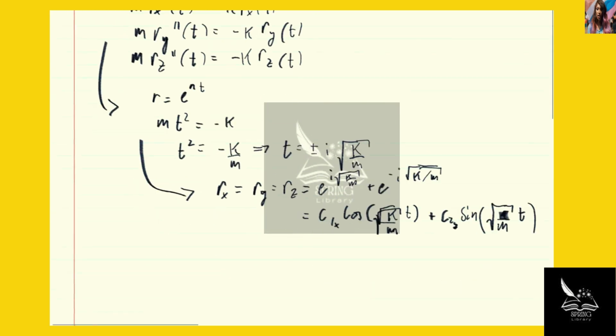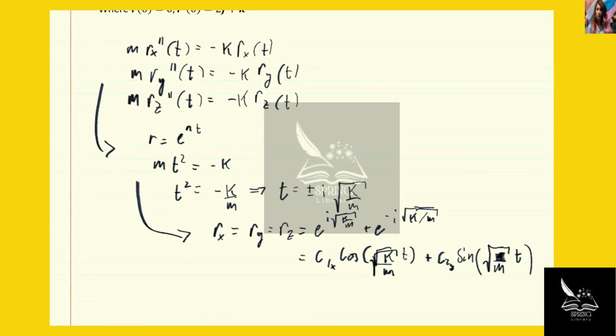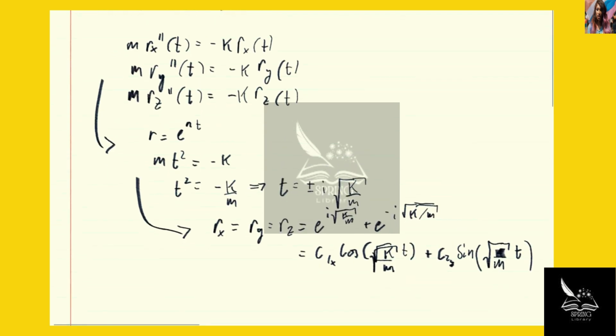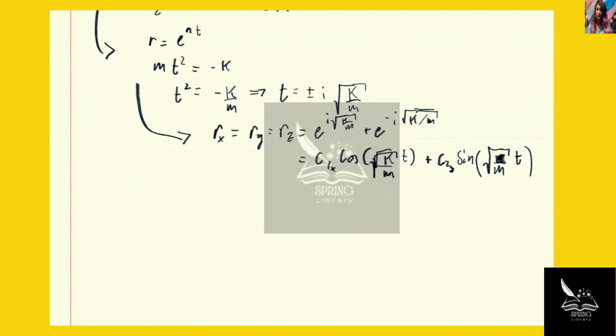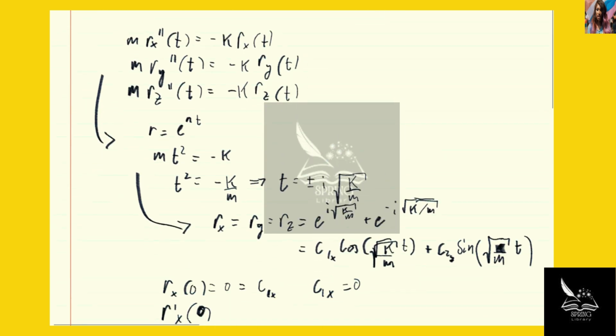So now that we have that, we want to actually solve for the given conditions. So we'd have that rx of 0 needs to equal 0, and that is going to equal c1 times cos of 0, so that is going to equal c1. So we have c1x equals 0, and we have r prime x of 0 equal to 0.